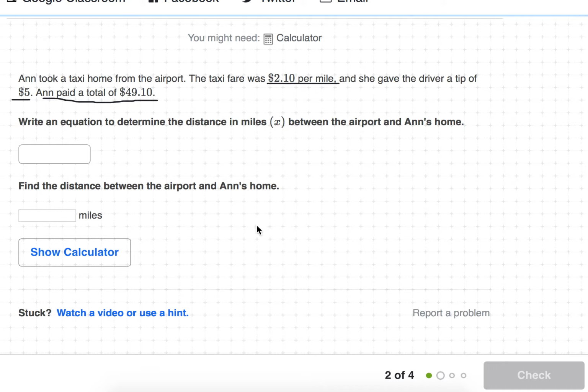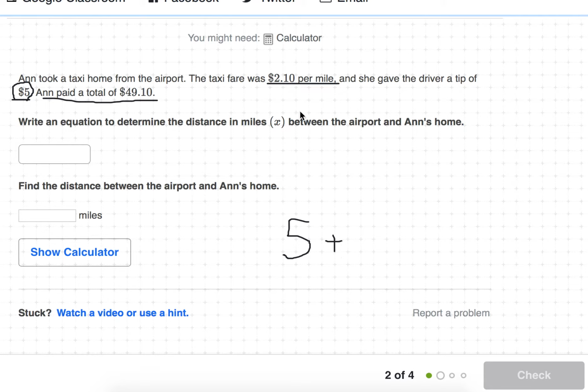Okay, so this one's slightly different but similar as well. Here, it's not as much a starting number as something that's a fixed price. The fixed number is $5, right? That $5, the tip, has nothing to do with how many miles she traveled, right? It's not she's tipping the driver $5 for every mile or $5 for every 30 minutes of the ride. No, it's just $5. That's it.